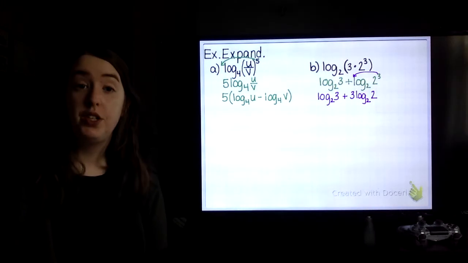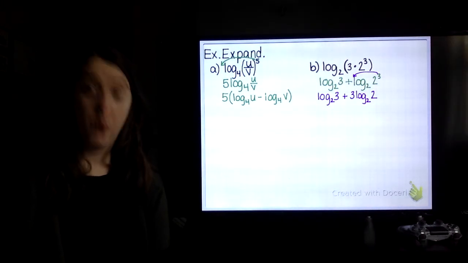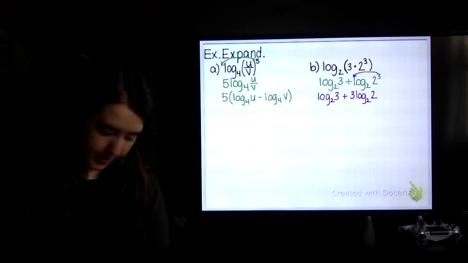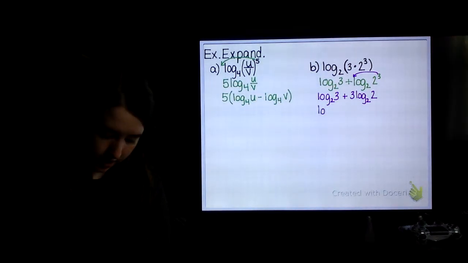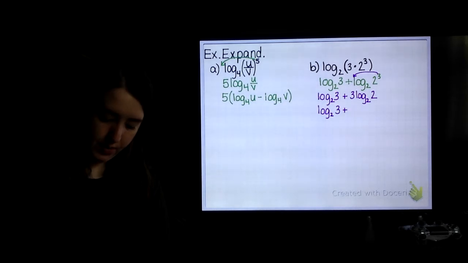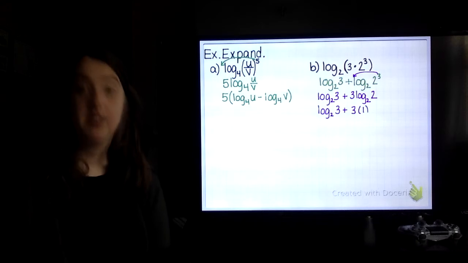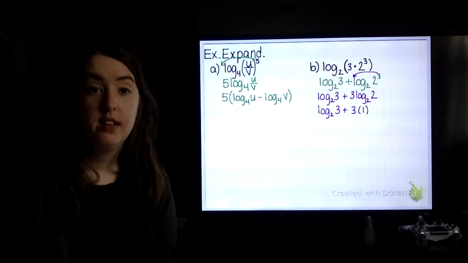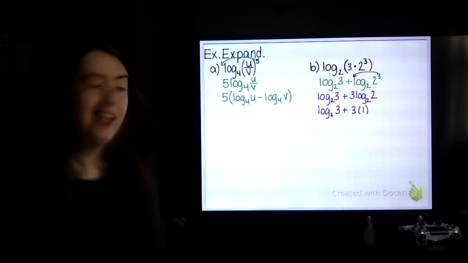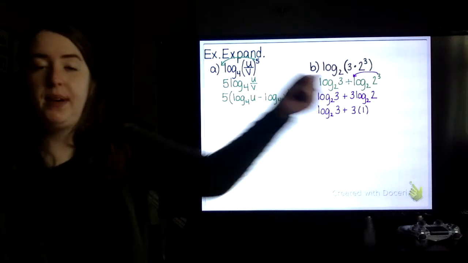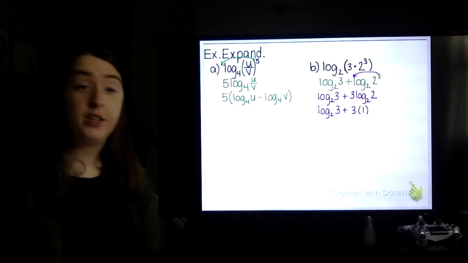So log base 2 of 2 is just 1. So another way to rewrite this is log base 2 of 3 plus 3. Remember, technically, that's times 1 right there. So you can write it as just plus 3. You can ignore it altogether, but I just wanted to make sure that you knew you could go on and keep simplifying it.